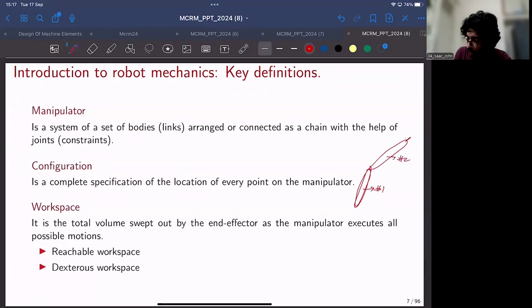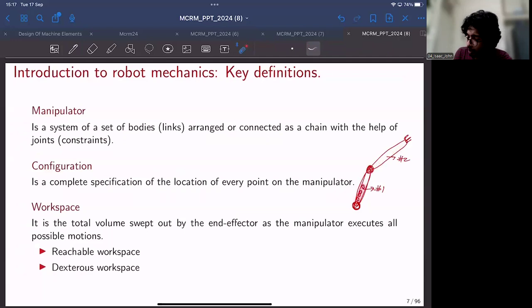At the end you have a gripper, and the first link is connected to the ground using a revolute joint. The second link is connected to the first link using a revolute joint. Basically, a configuration means the complete specification of each and every point that is part of the manipulator.